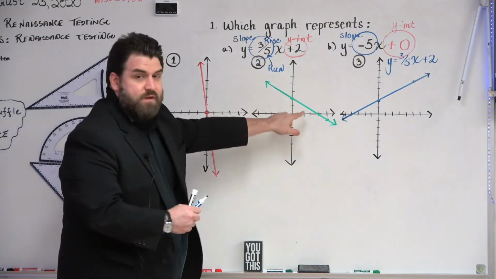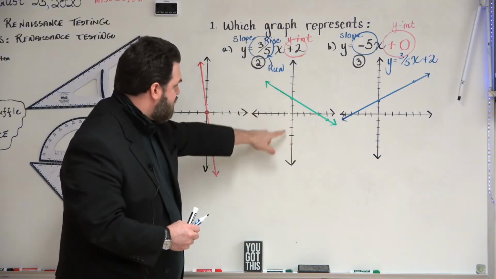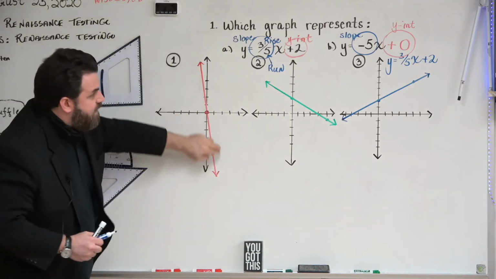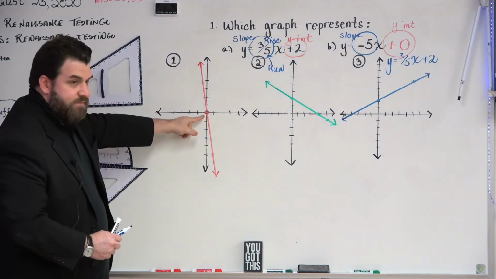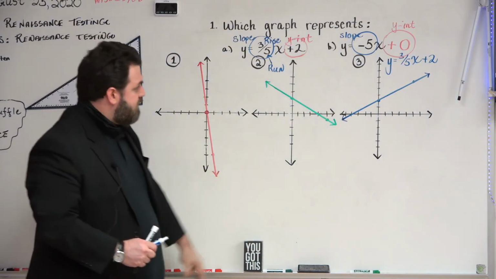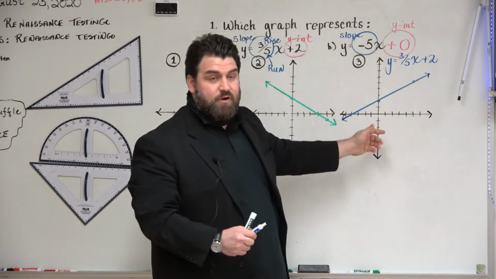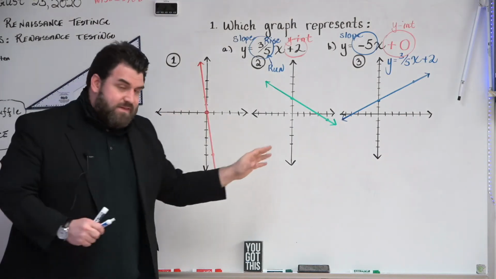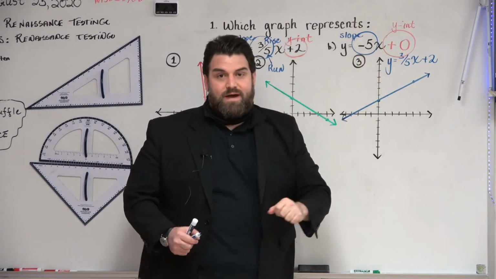So this one goes down from left to right, but it had the wrong y-intercept. It had a y-intercept of 2. Look here at graph number 1. It goes down from left to right. Good. It has a y-intercept of 0. Good. You look over here, this one goes up from left to right, so that has a positive slope. We don't care about that. So now we have 2 reasons to believe that graph number 1 represents y equals negative 5x.